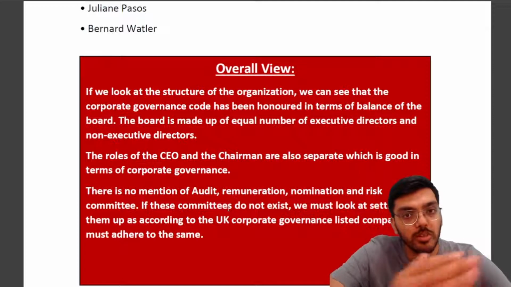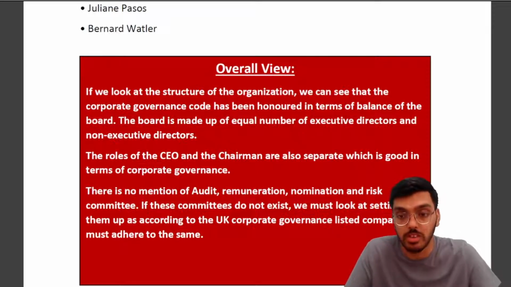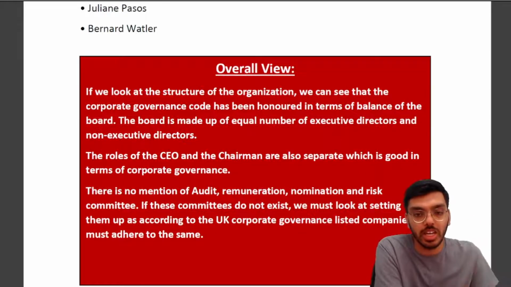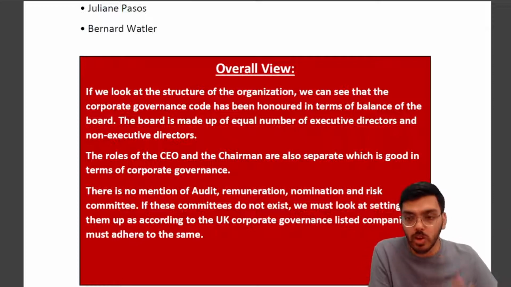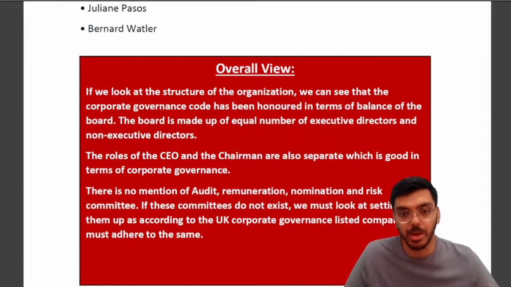Because they have not mentioned anything, we can assume that they do not exist currently. So if these committees do not exist, then we look at setting them up. In accordance with the UK Corporate Governance Code, listed companies must adhere to and have these committees as best practice.